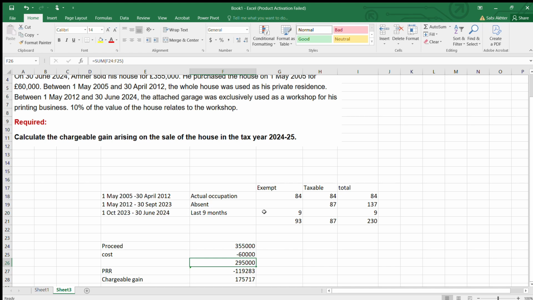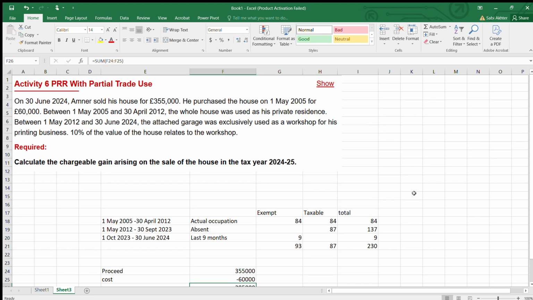Okay, now between 1st May 2012 and 30th June 2024, this 137, we have taken it.